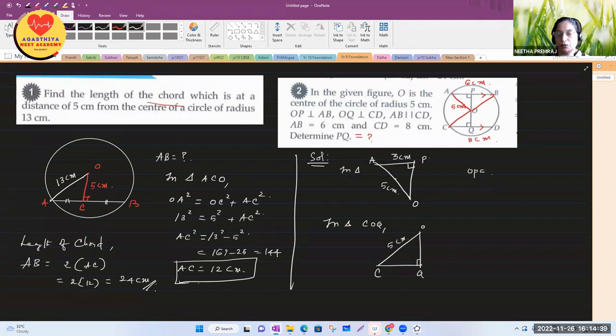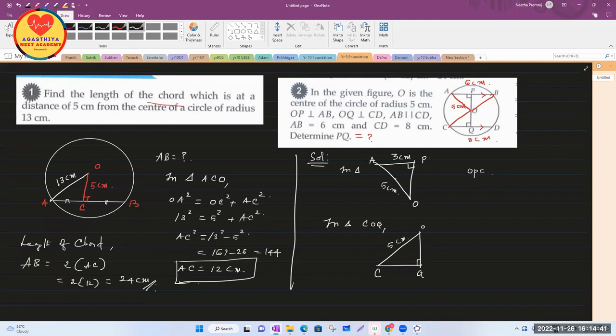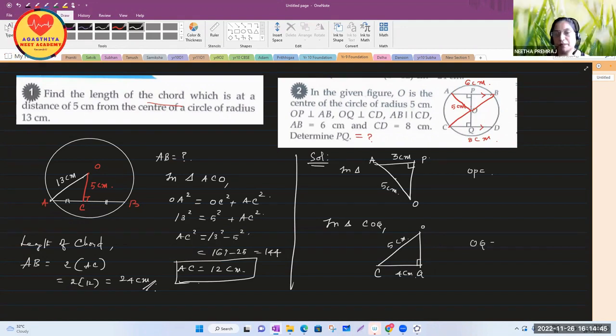And what about CQ? 4 centimeter. Very good. So you could find OQ by applying Pythagoras theorem. Then what is PQ? OP plus OQ, isn't it? So do the calculation and tell me what is your answer.